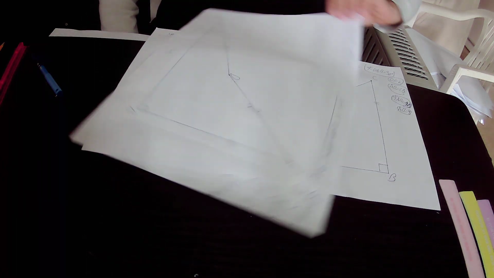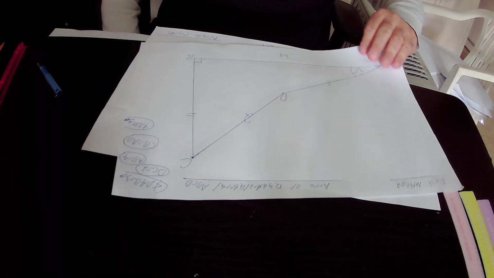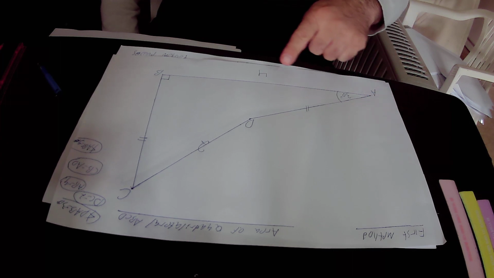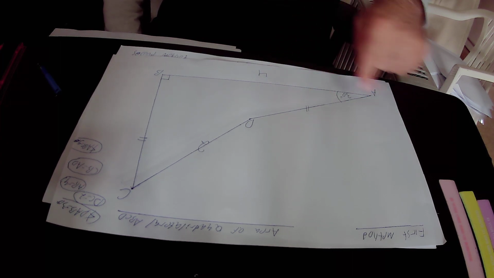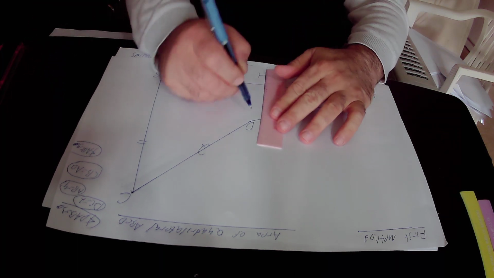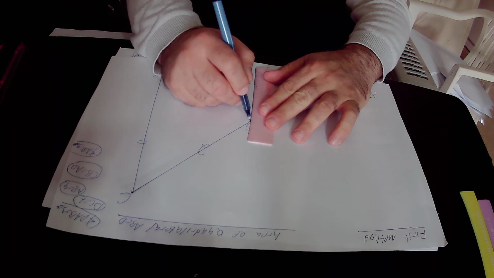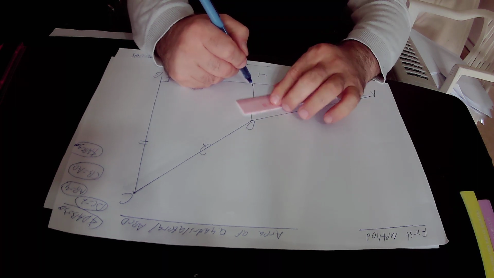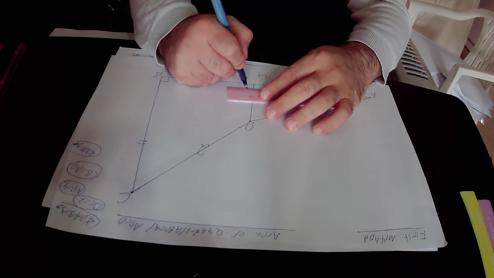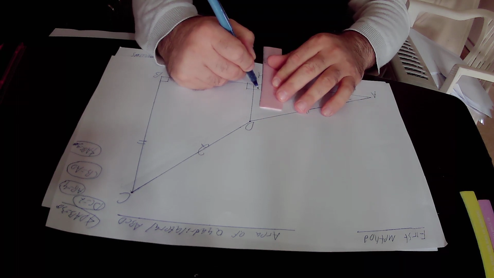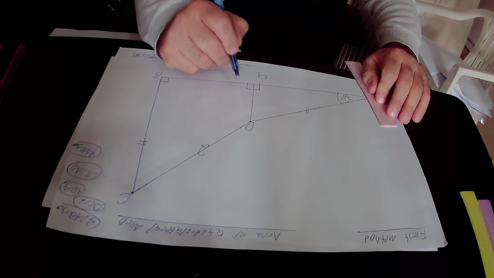In the first method we will do a construction. From point D we will draw a perpendicular to AB. So this angle equals 90 degrees and this angle also equals 90 degrees.